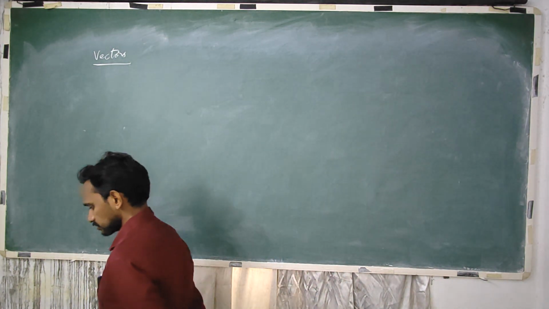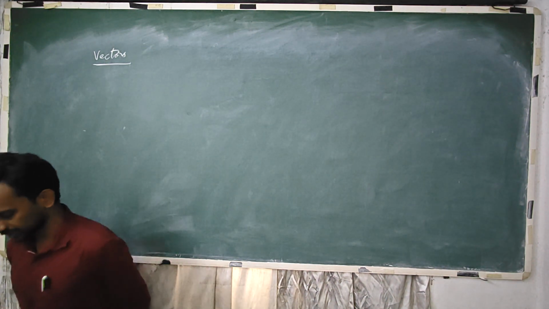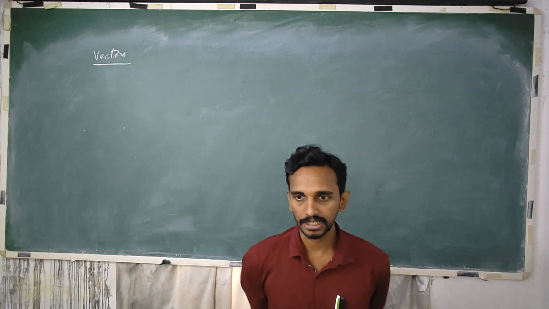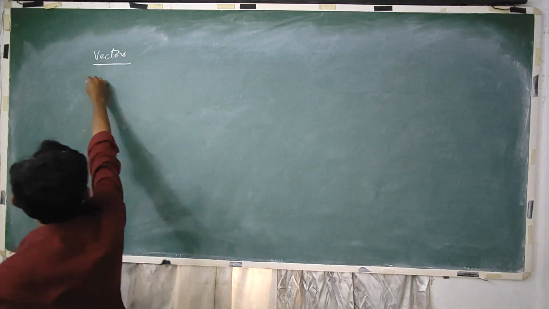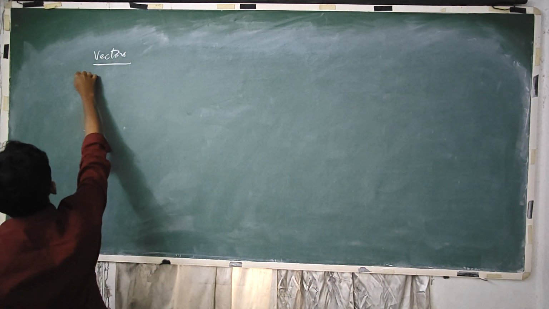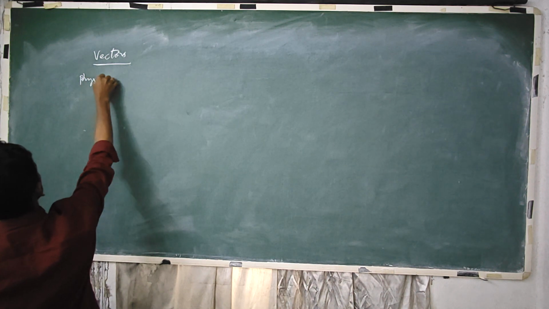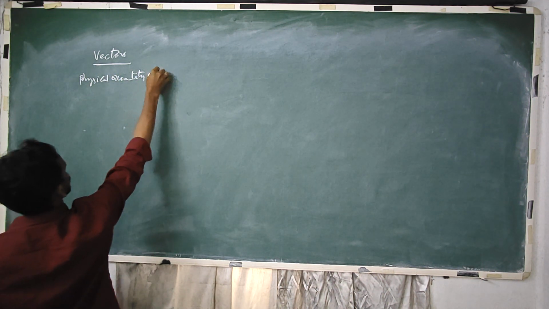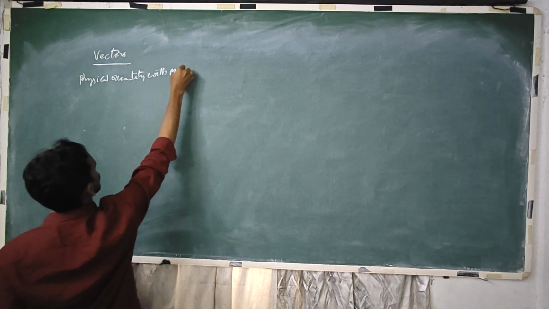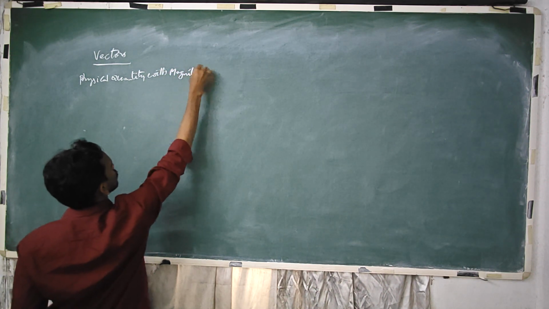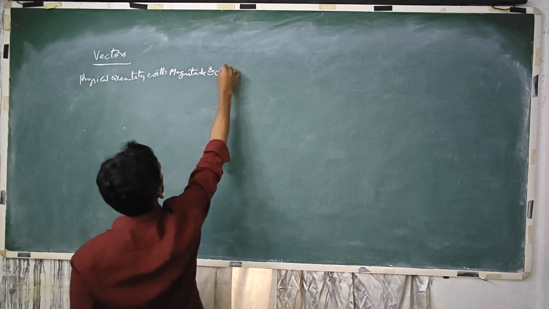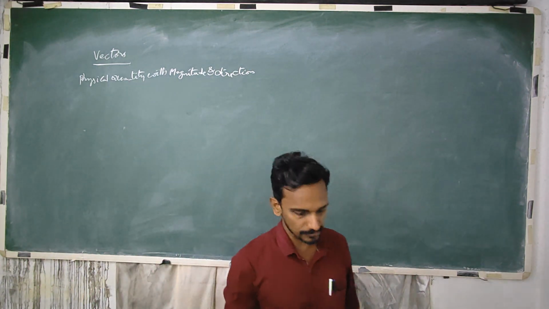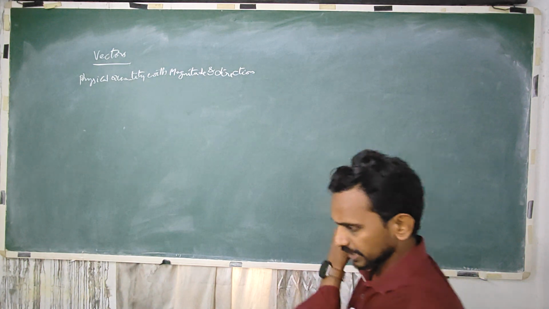Okay. So a vector is defined as any physical quantity with both magnitude and direction. Both magnitude and direction.